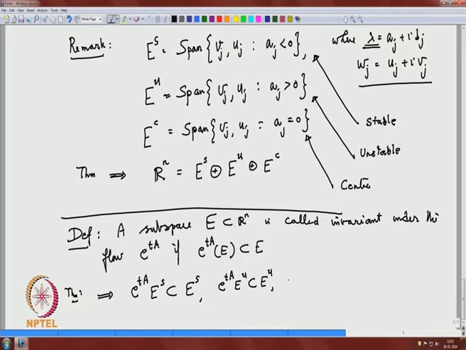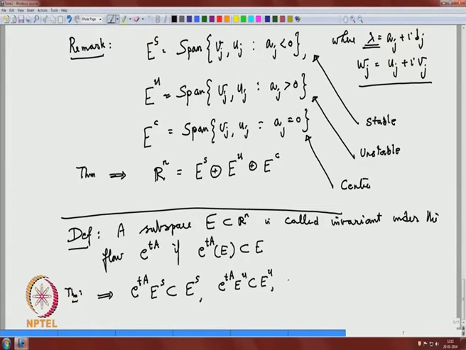On the other hand, if you start from an initial point in Eu, then e power tA of that element will remain all the time in Eu. So Es and Eu are invariant subspaces under the flow.